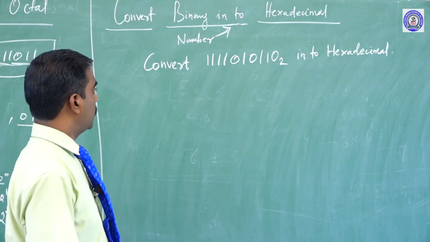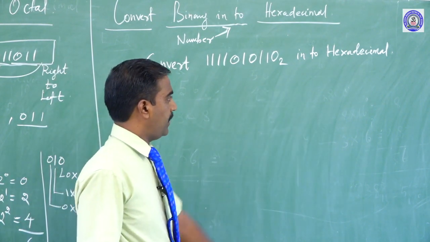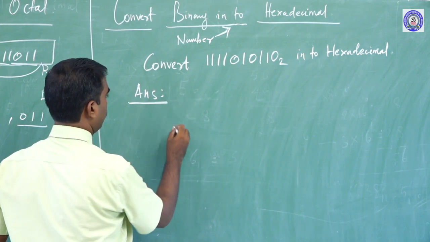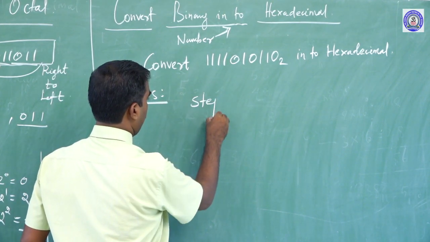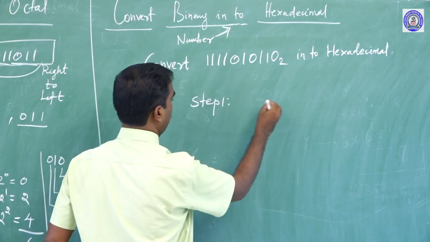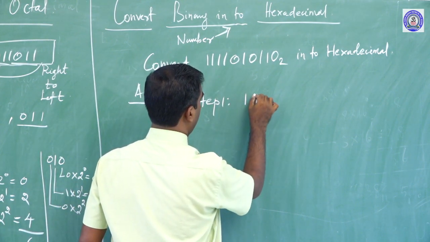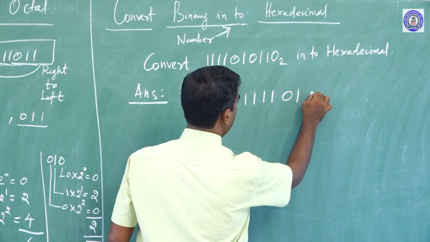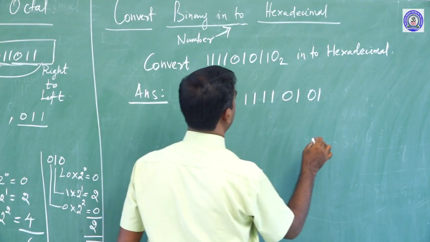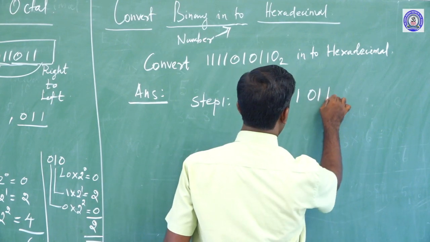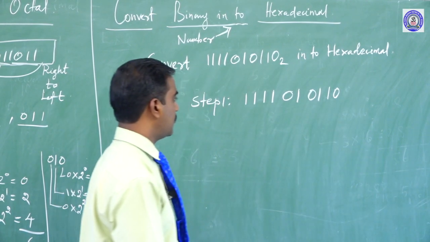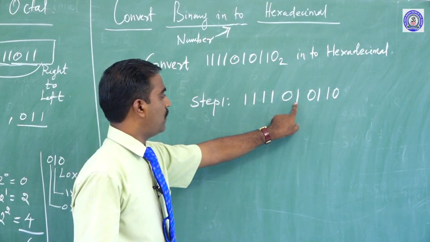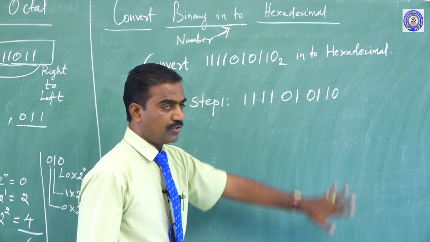Now the method and the answer. First step: we should write all the numbers properly, 1 1 1 1 0 1 0 1 and then 1 0. Listen clearly. 1 1 1 1 1 1 1 1 0 1 0 1 1 0.